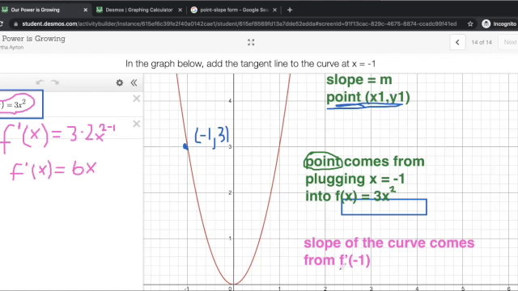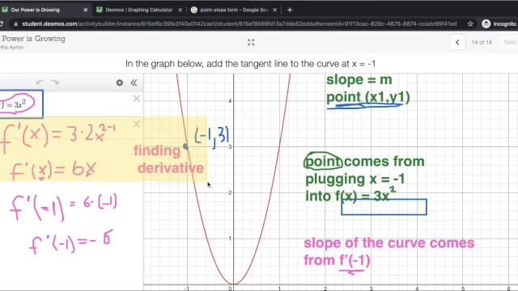And then I want to plug in this -1 into the f prime. So I get 6 times -1. And so f prime of -1 is equal to -6. So I had to find the derivative and then plug in the x value I was interested in. I did all of that to get the slope.